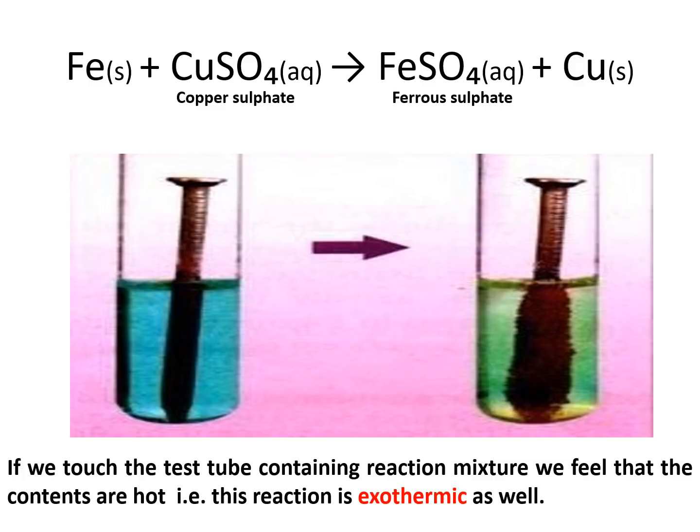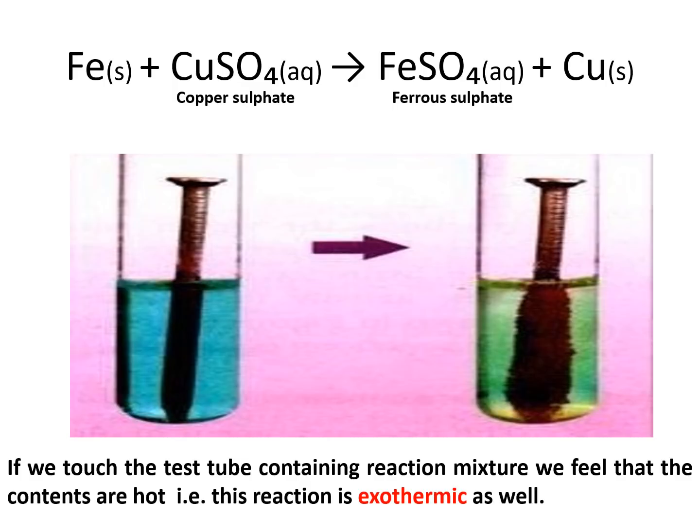The chemical equation can be represented as Fe plus CuSO4 will give FeSO4 plus copper. The color of ferrous sulfate solution is light green and copper is red-brown in color.